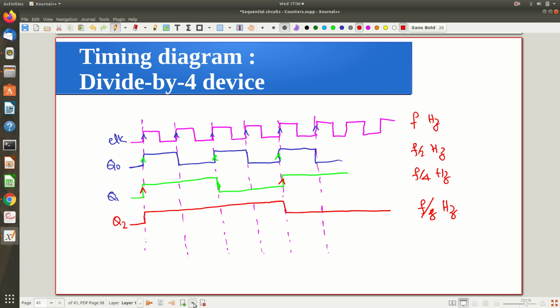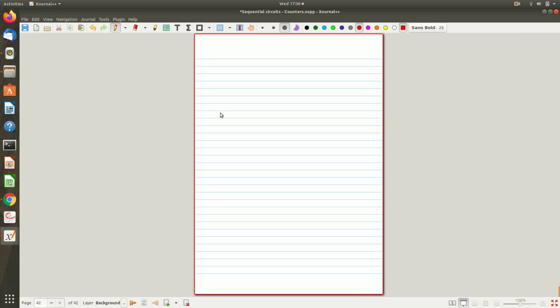So let me tell you the final conclusion. When you have one T flip-flop, the frequency is divided by 2. This is what we saw initially.